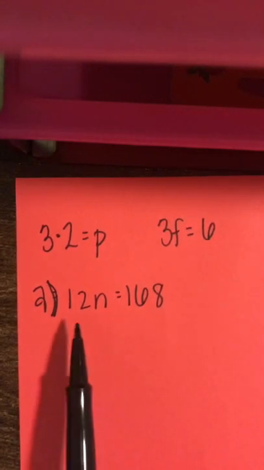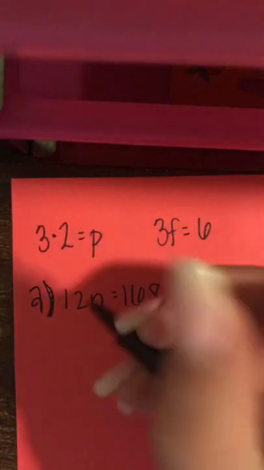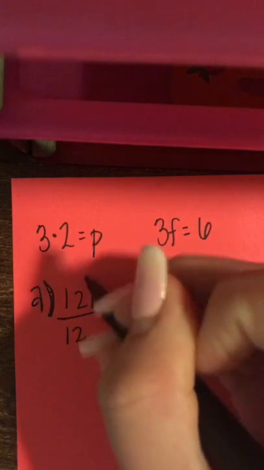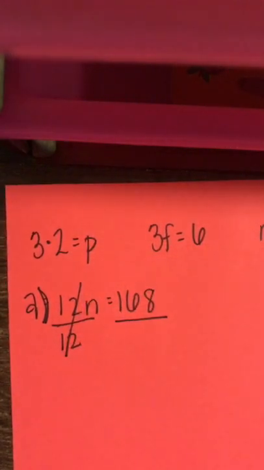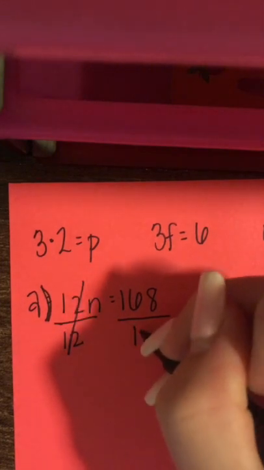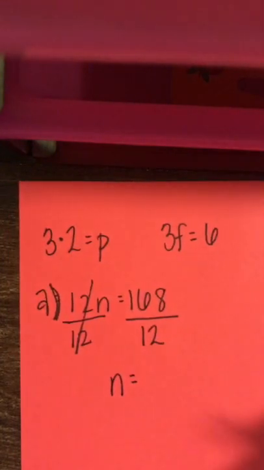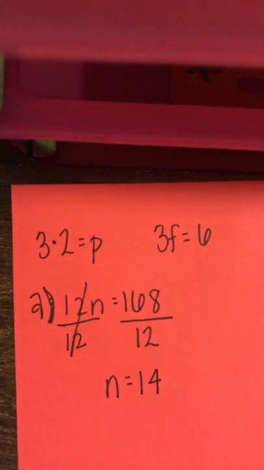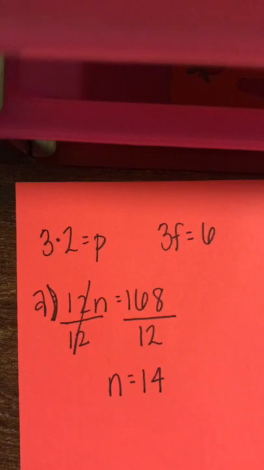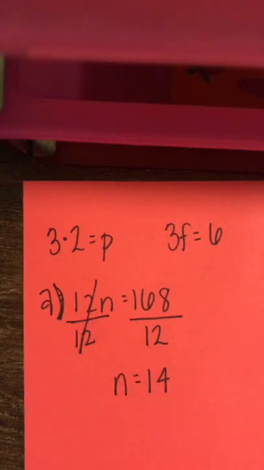We need to take this 12 and move it over here, so divide this side by 12, and then we divide our product, which is 168, by 12. So n equals 14 after we do our math. And if you want to check your work, you can figure out that 12 times 14 gives you 168.